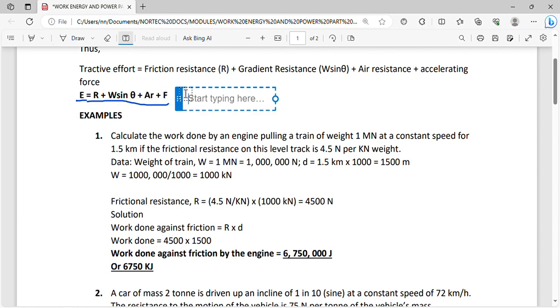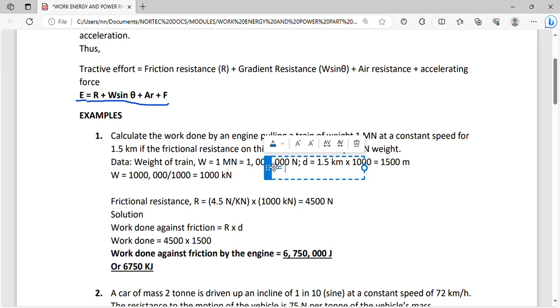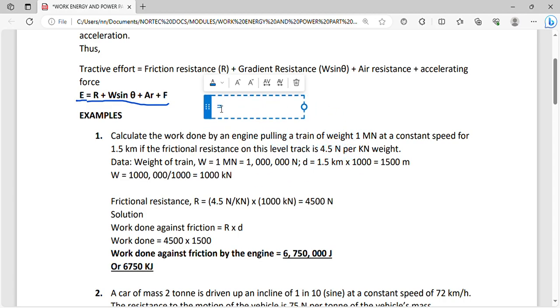Okay, so tractive effort E is equal to rolling resistance or friction resistance, plus mg sine theta, or simply W sine theta, then plus the air resistance, then plus the accelerating force.